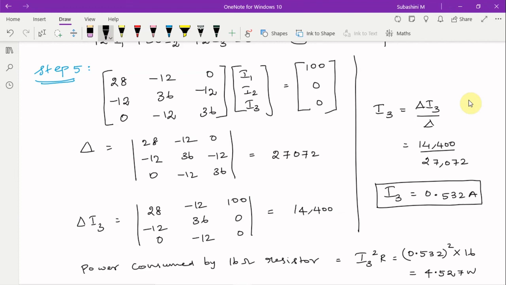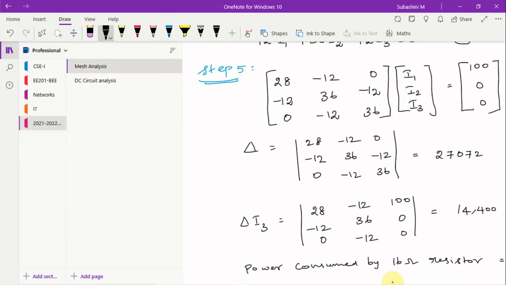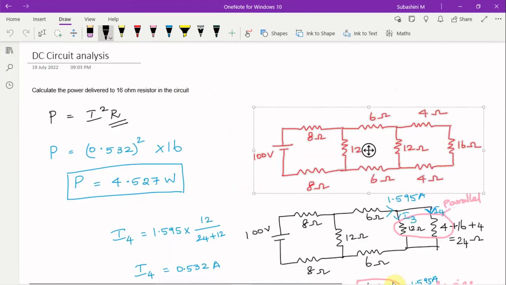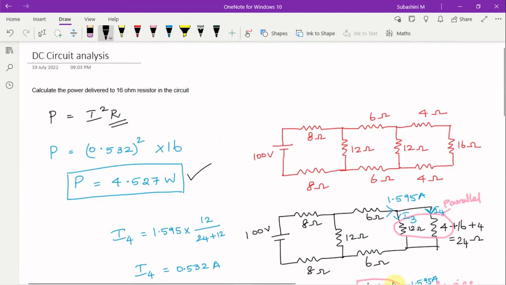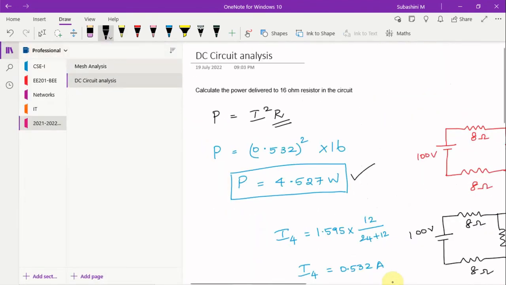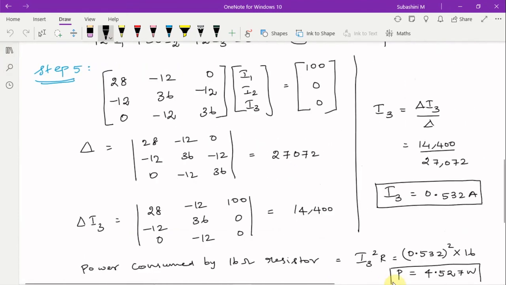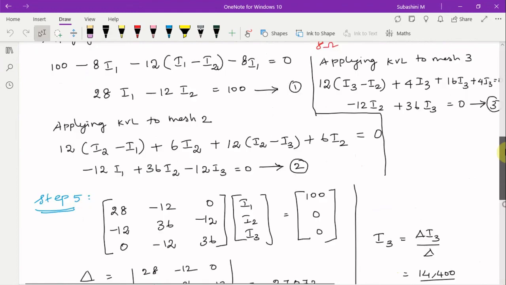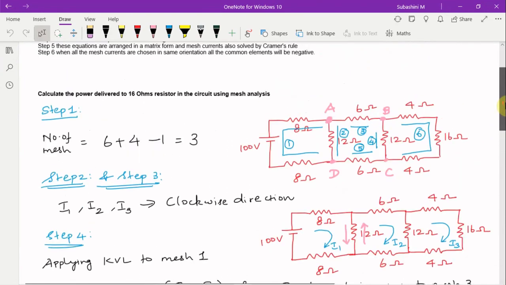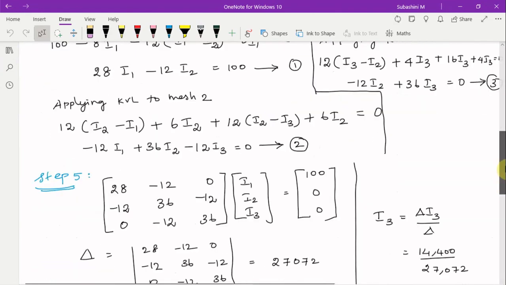This is what we have found out in the previous problem also, by considering the DC circuit analysis, this is the power that we found, 4.527. So instead of using all these steps of reducing the circuit, when you go for mesh analysis, you can directly form the matrix and solve it simply and find the current that you need.